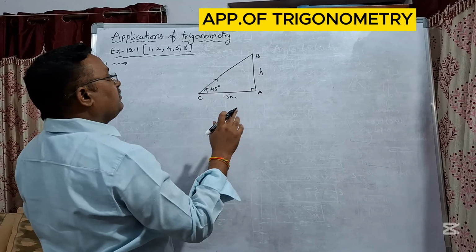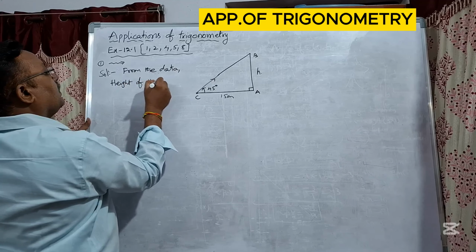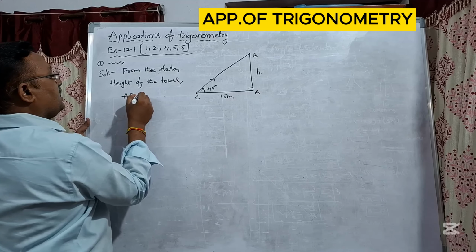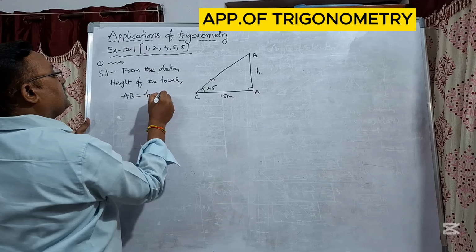Solution: from the data, height of the tower AB is equal to H meters.